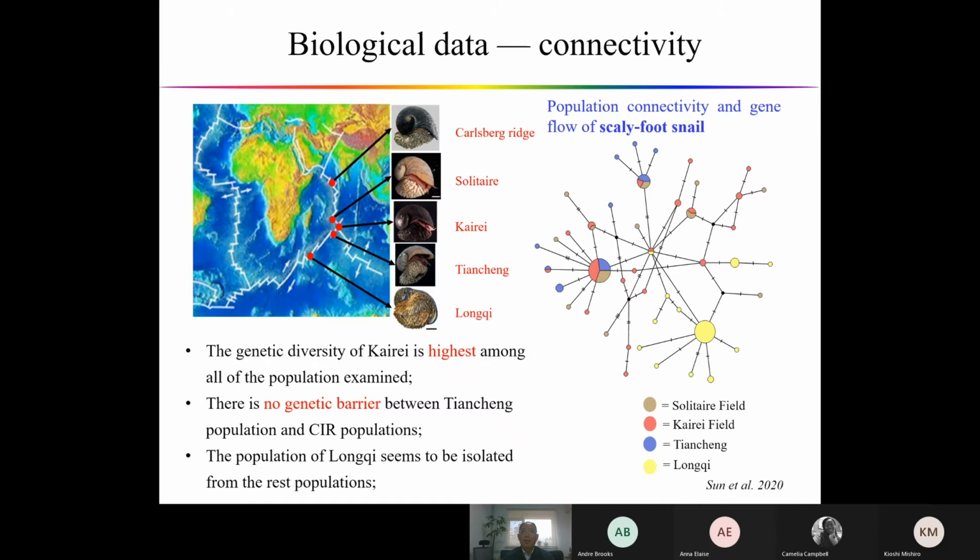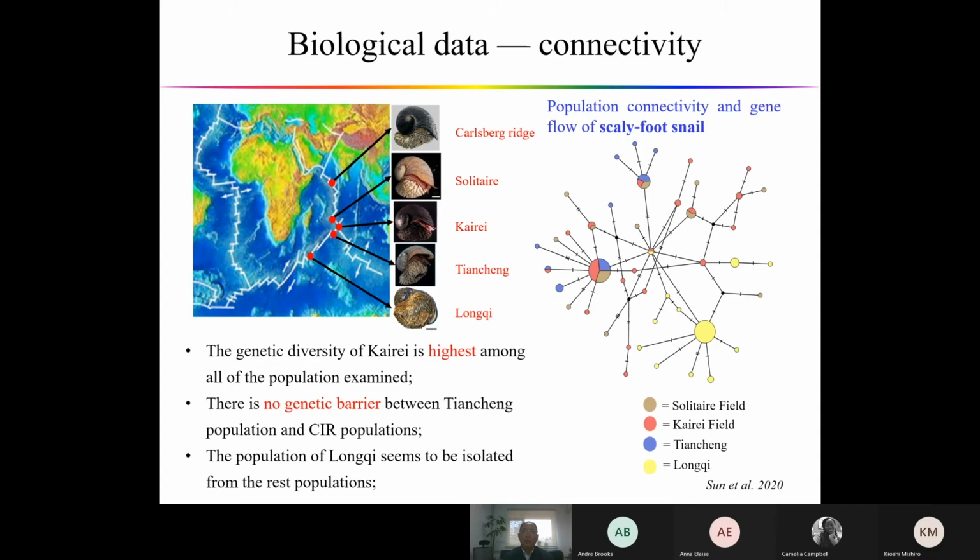We analyzed the population connectivity and gene flow of scaly-foot snail from the West Indian Ocean region and found the genetic diversity of Kairei is the highest among all populations examined. There is no genetic barrier between Tiancheng population and the Central Indian Ridge population.